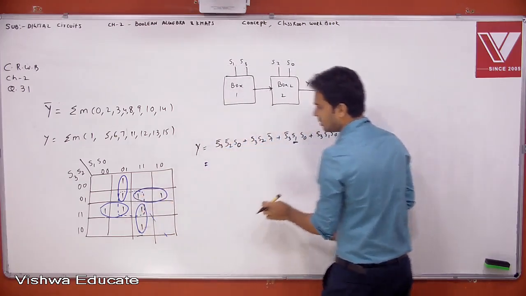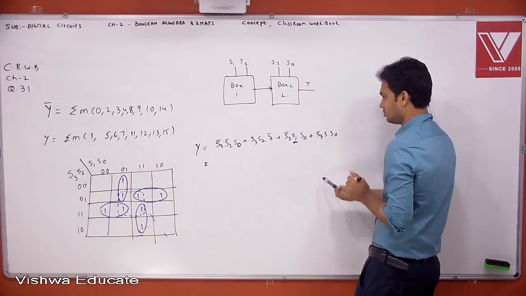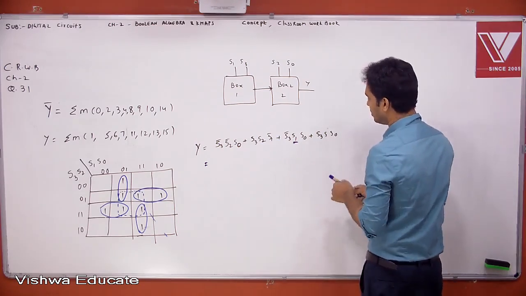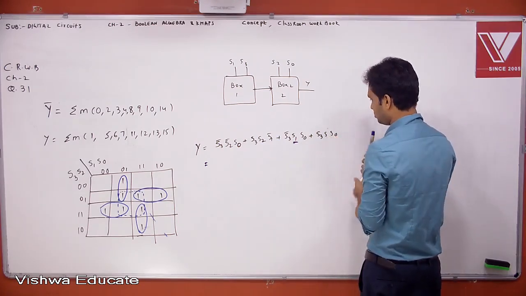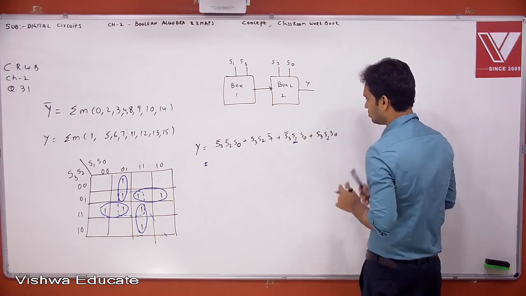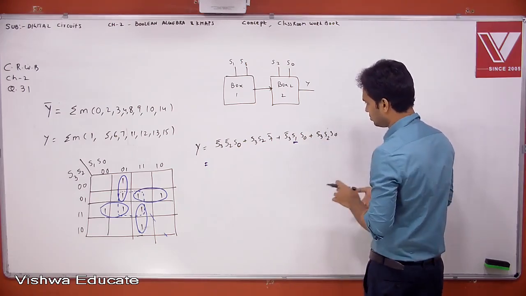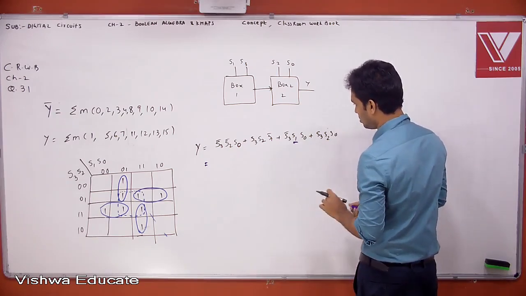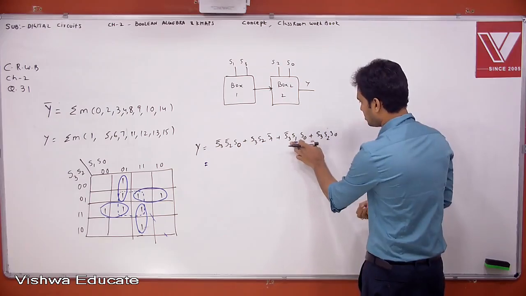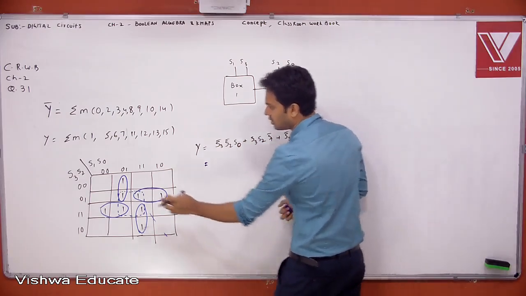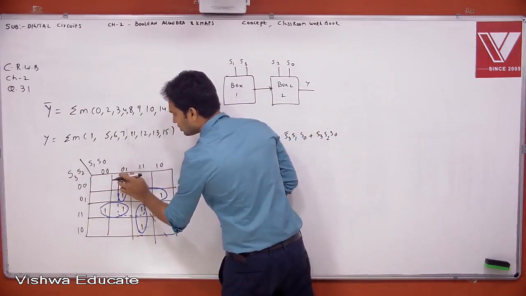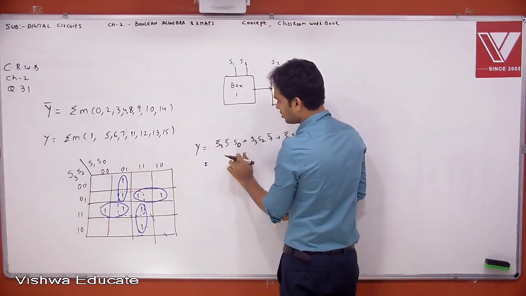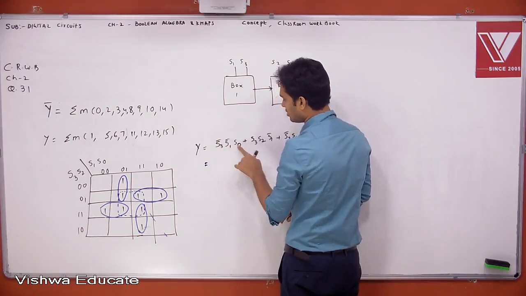Lastly S3 bar S2 into S0. Okay, S0 is coming 3 times. One moment, let us check it again. S3 bar S1 bar S0. So S3 bar S1 bar S0, correct.